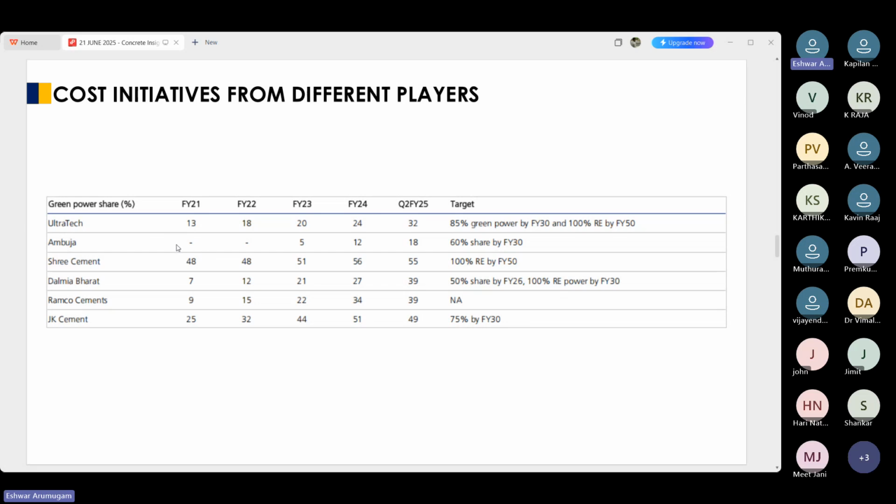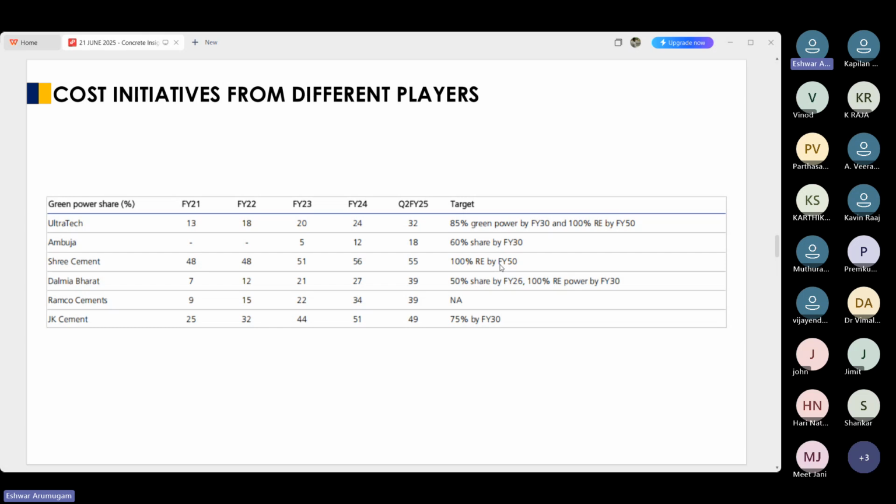Ambuja's green power share was essentially nil in FY21, and now it has come up to 18%. They are targeting a share of 60% by FY30. Shree Cement used to be a pioneer in the industry, owing to having a high share of green power historically. Its green power share has gone from 48% to 55% in Q2 FY25.